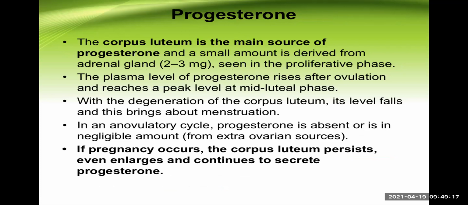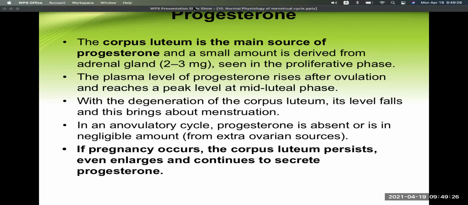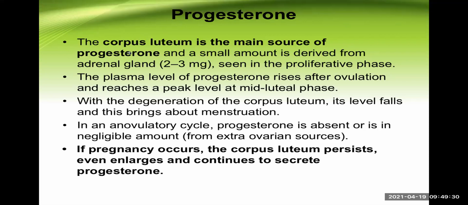Now, after knowing some of the effects of estrogen, let's go and talk about progesterone, another important hormone which is released by the ovary. And the source of this ovarian hormone is the corpus luteum. A small amount is also derived from the adrenal gland, but this is very less significant.